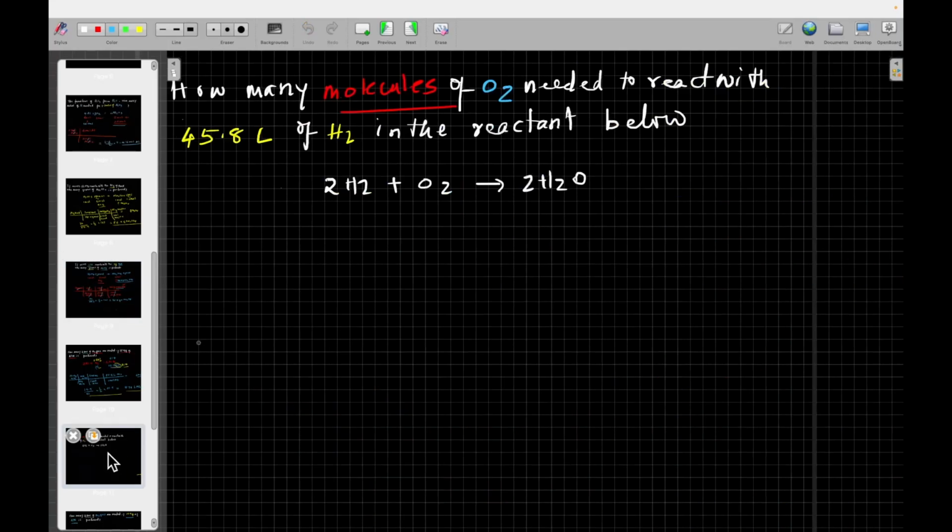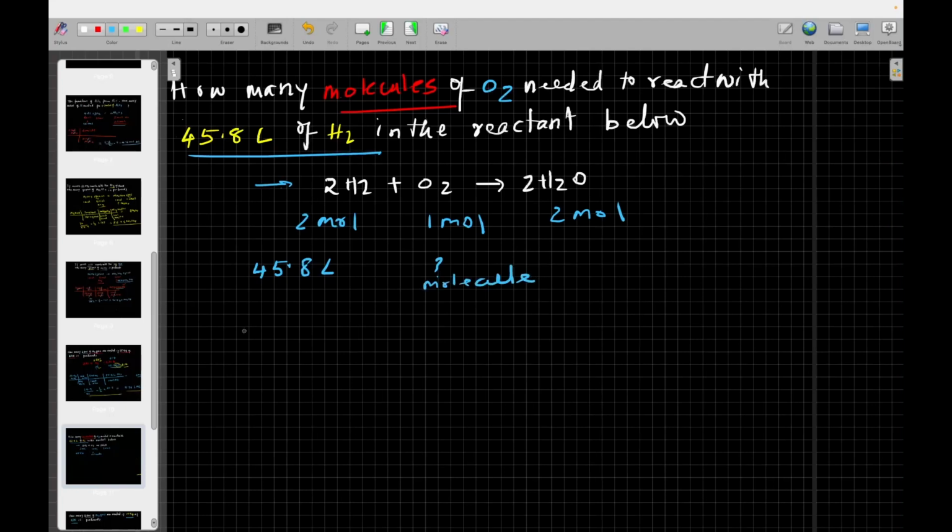Now let's proceed to the next question. This equation says that 2 moles of hydrogen react with 1 mole of oxygen to produce 2 moles of water. The information provided is that 45.8 liters of hydrogen react with how many molecules of oxygen.